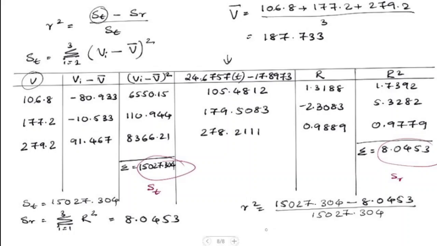This gives us the value 0.99946. That means that 99% of the data can be represented by the regression model given to us here. So this is adequate. The equation given to us is adequate for the data points that are here.